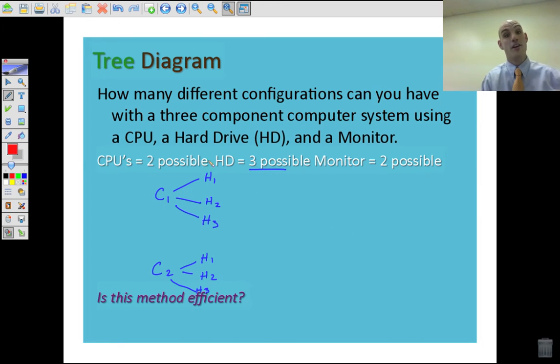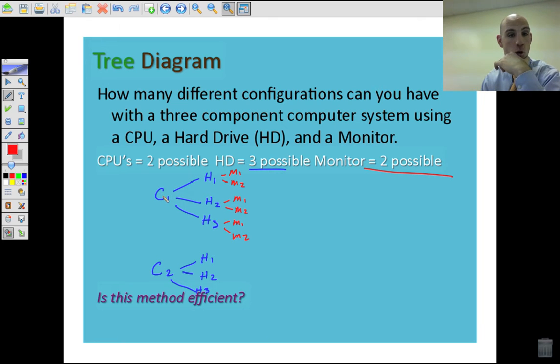Then from there, we have another step because we have 2 possible monitors. So I'm taking CPU 1, matching it with one of the 3 possible hard drives. Well, then I have M1, M2 off of each of these. I'm exhausting the possibilities. So how many possible computers could I make?